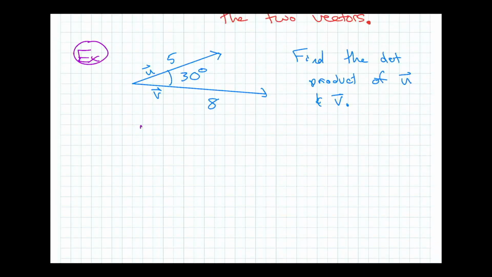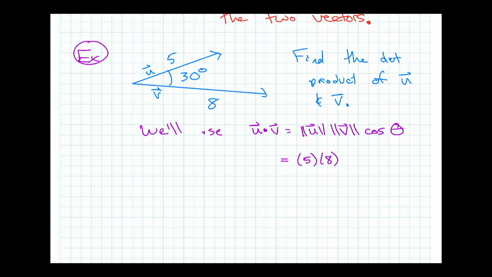So we'll use that u dot v is magnitude u, magnitude v, times the cosine of the angle between them. And then you just fill in the numbers. The magnitude of u is 5 because I said so and labeled it on the graph. The magnitude of v is 8, and the cosine of theta is the cosine of 30 degrees, because I labeled it on the graph.